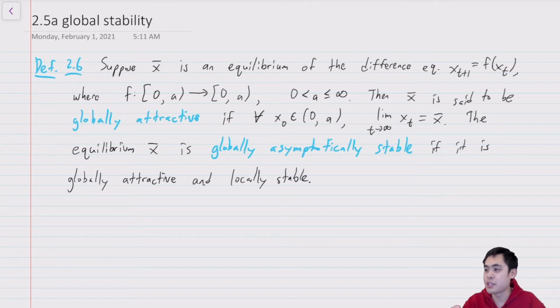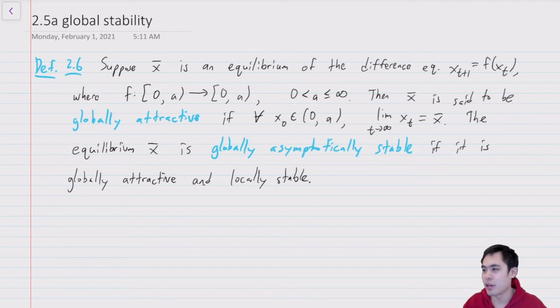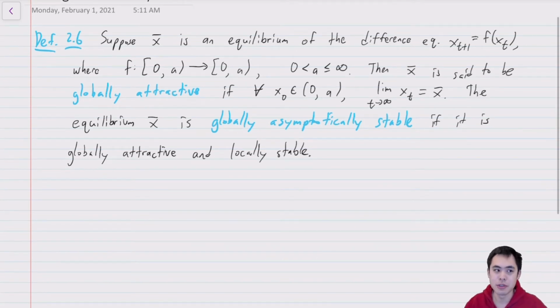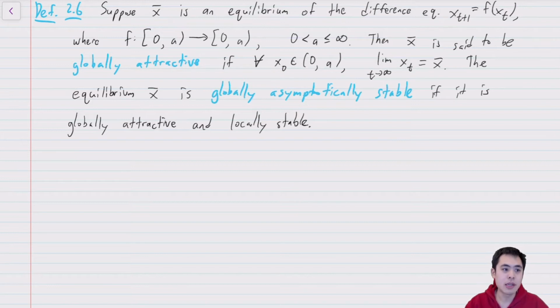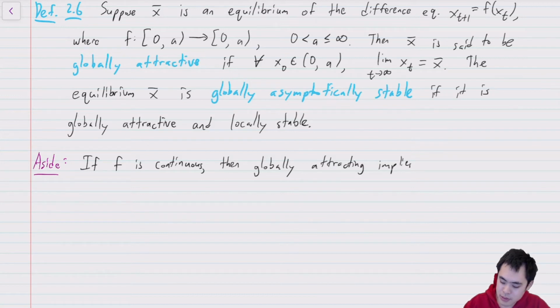Okay, and recall locally stable just means that if you start close to x bar, you stay relatively close to x bar. And we talked about the formal definition of that a couple of videos ago. So now, as an aside, if f is continuous, then globally attracting implies locally asymptotically stable.